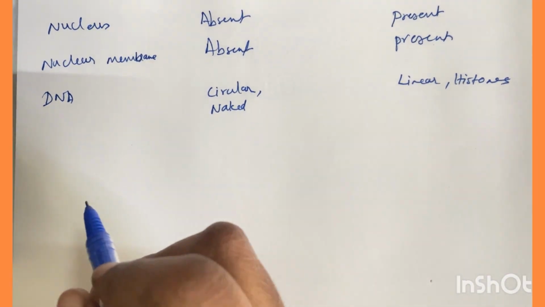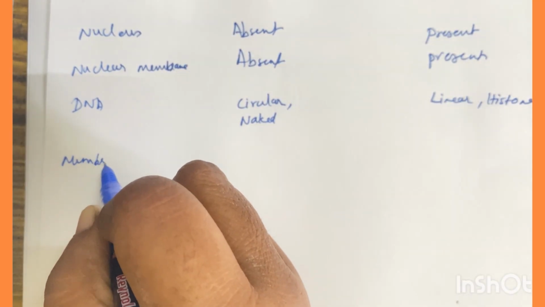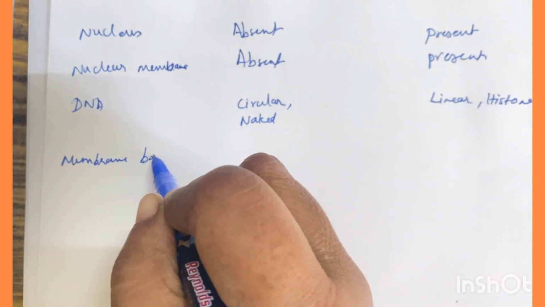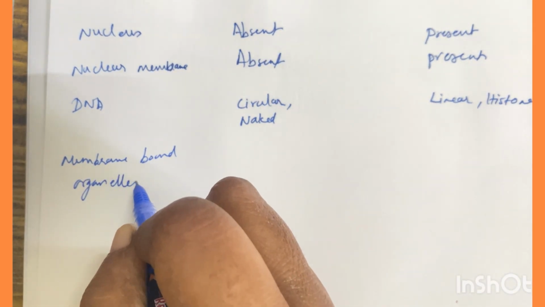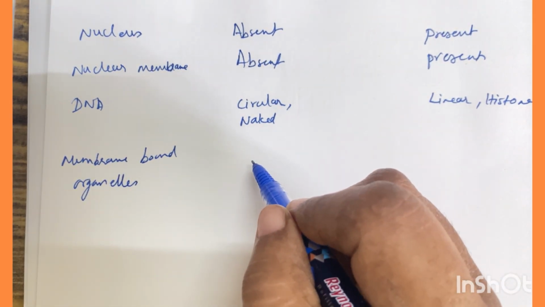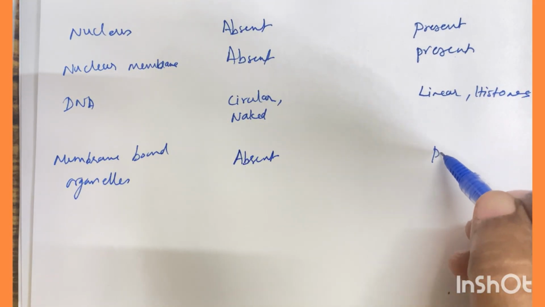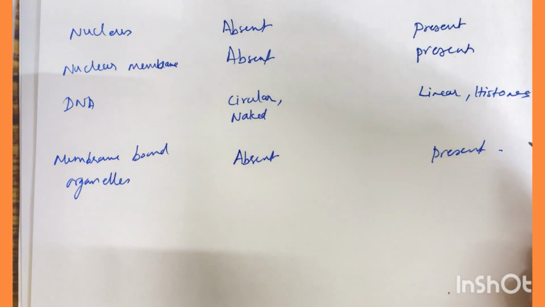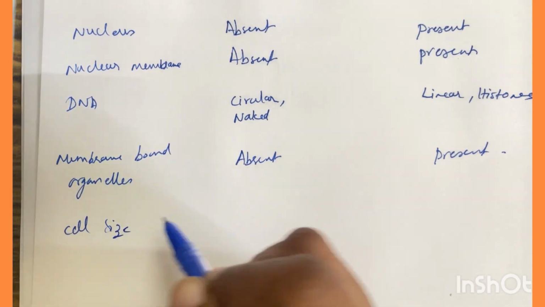Now next is membrane bound organelles. This is present or absent here? This is absent in prokaryote, this is present in eukaryotic cell. Cell size, what about the cell size?